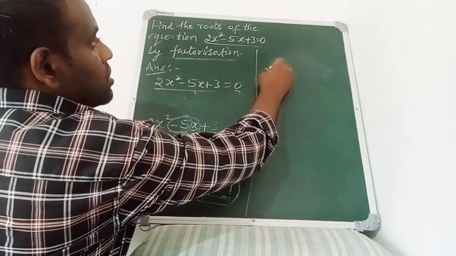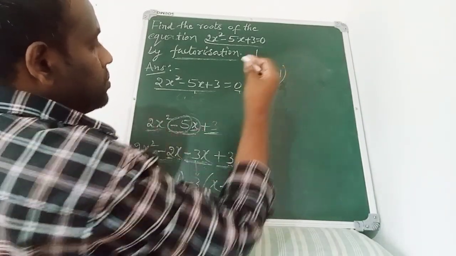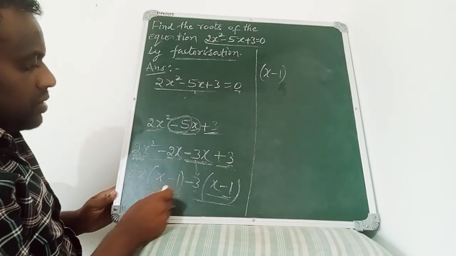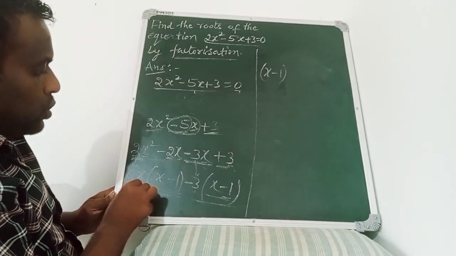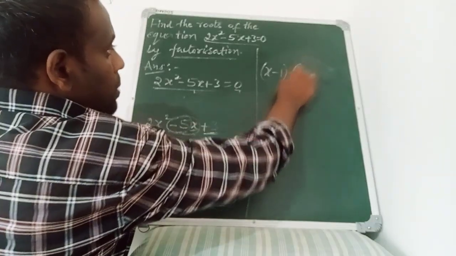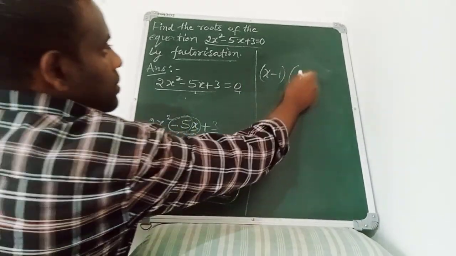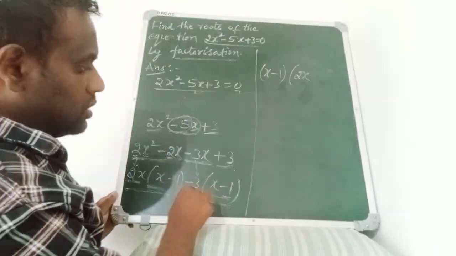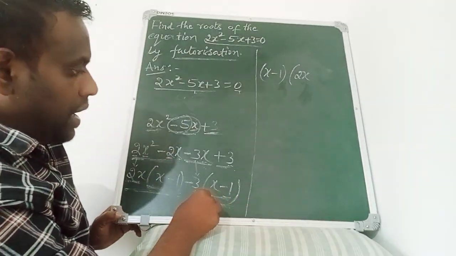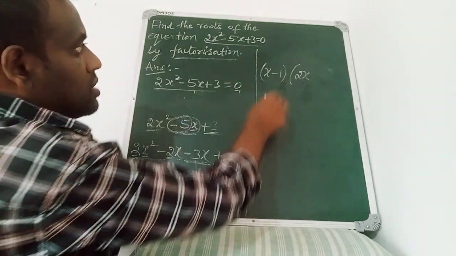Now I will take x minus 1 as the common. Consider this: when x minus 1 is taken as common, what is left? 2x is left. First open the bracket, and write that 2x. You got it. Now come to this. This x minus 1 is taken as common already.